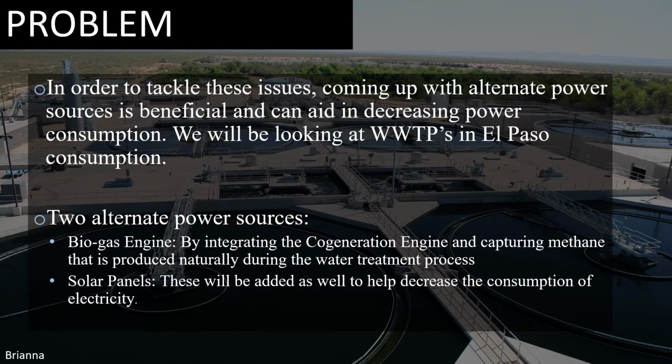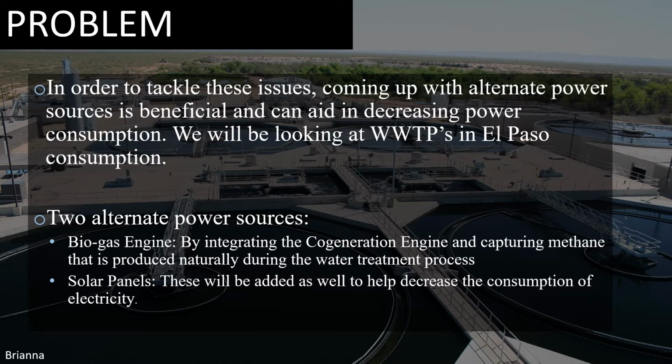In order to tackle these issues, coming up with alternate power sources seemed to be the route to go if we wanted to decrease the amount of power we were consuming. There were two alternates we are going to be considering. One is the biogas engine, where we are going to be integrating the cogeneration engine, which is a type of biogas engine.